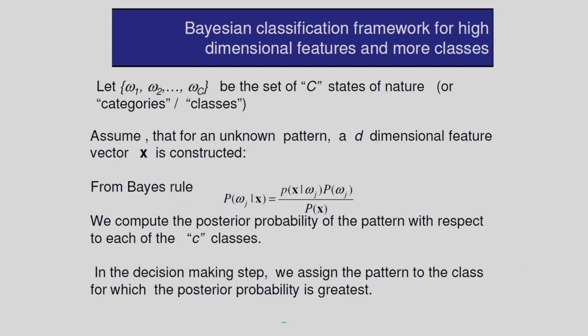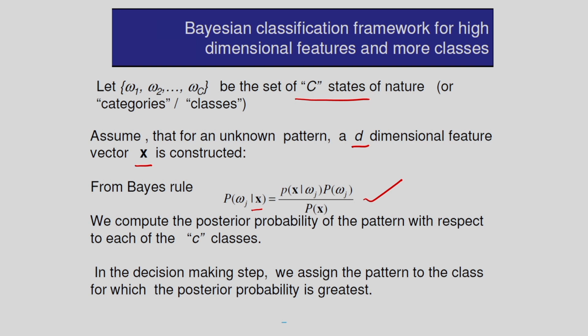Suppose I have C number of classes. So I am considering C number of classes W1, W2, up to WC, and assume that we have the d-dimensional Fisher vector. This is the Bayes rule: the probability of Wj given x, where x is the d-dimensional feature vector, is equal to probability of x given Wj, that is the likelihood, into probability of Wj, that is the prior probability, divided by p(x), that is the evidence.